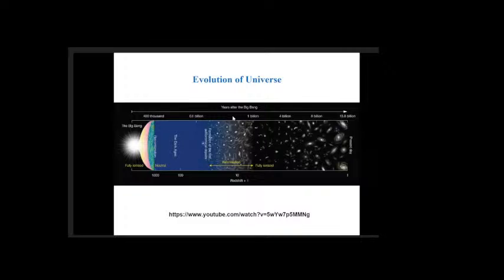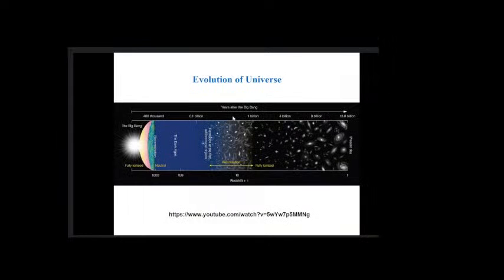Those stars emit light, and some of the light is very high energetic, with the energy of one photon greater than 13.6 electron volts. Why is 13.6 electron volts important? Because a 13.6 electron volt photon can ionize a hydrogen atom; a hydrogen atom needs only a 13.6 electron volt photon to be ionized.